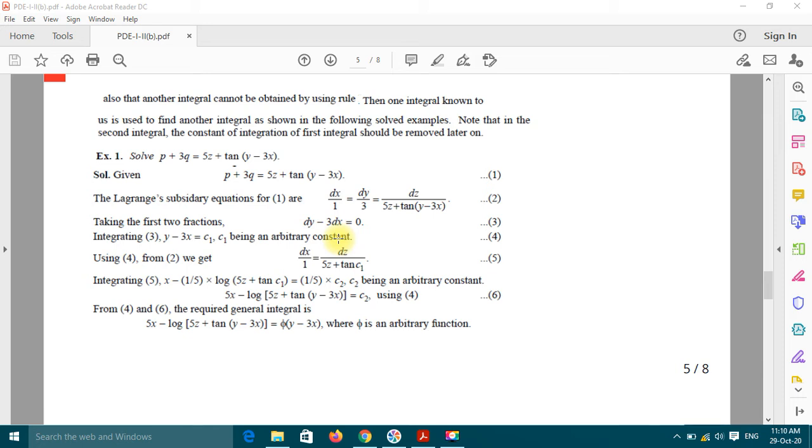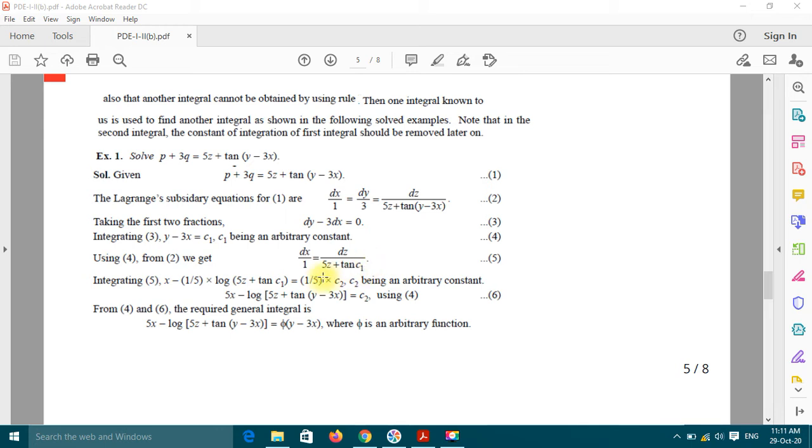Now in this method we have a solution y minus 3x is equal to c1, and if we see in the third fraction of equation 2, y minus 3x is also present. So we use the value of y minus 3x here. So we take the first and last expressions, dx is equal to dz upon 5z plus 10 c1.